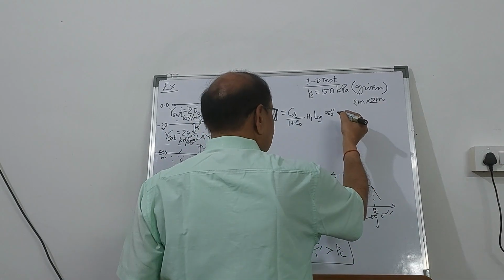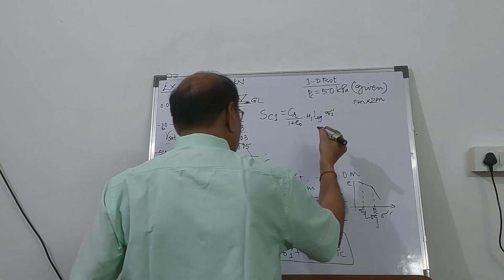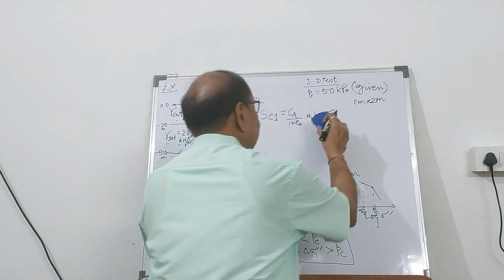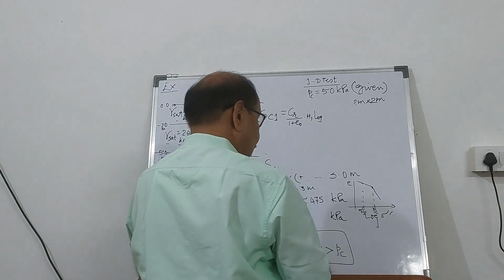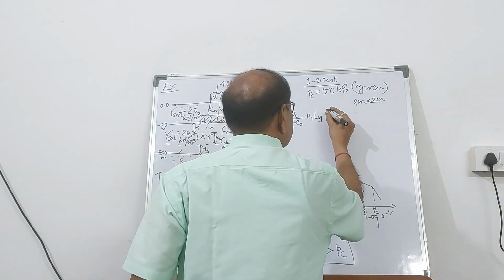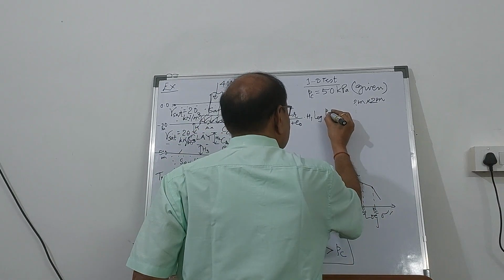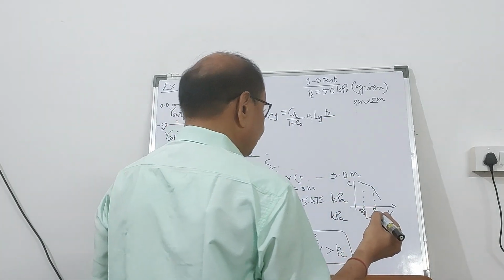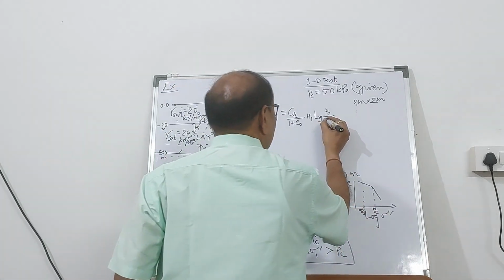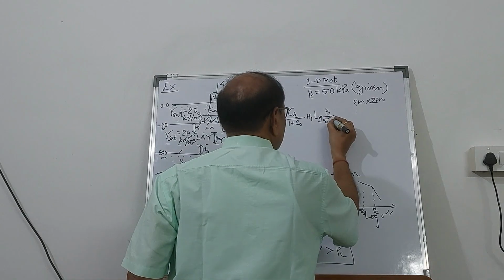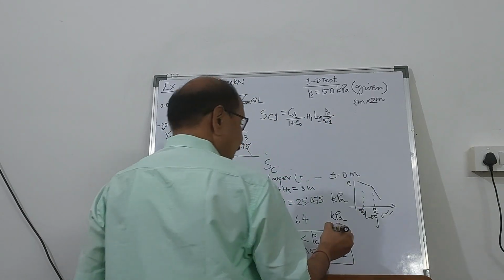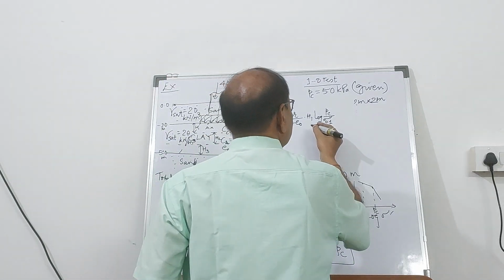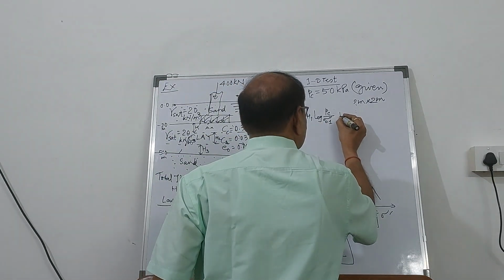This is the lower value. The higher value should be taken here. So here the higher value is PC. So PC divided by sigma naught prime for layer 1. So this one to the base 10 plus.